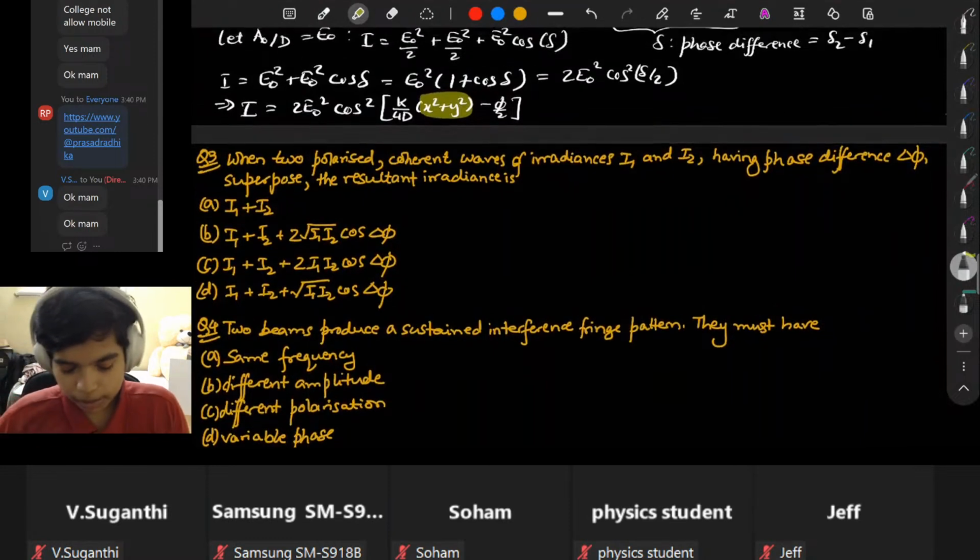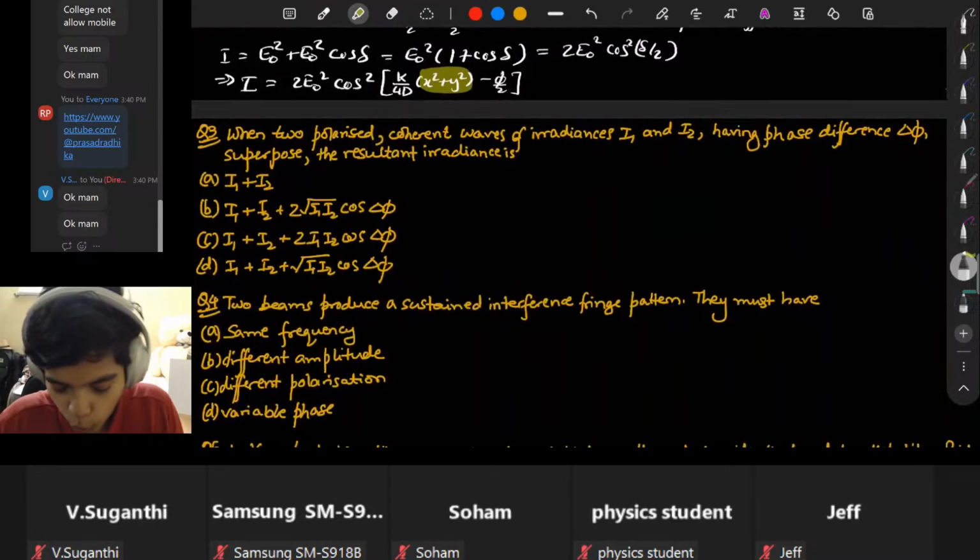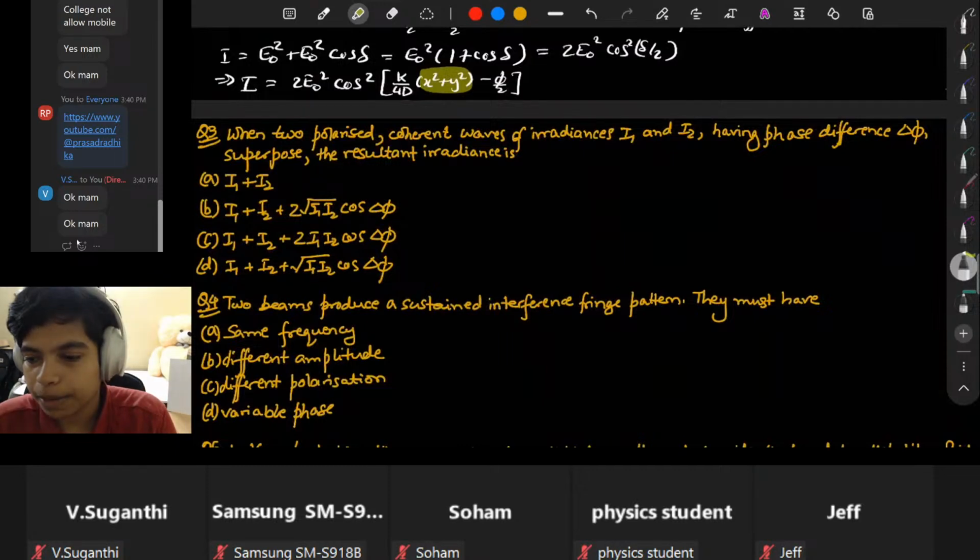So the question is, when two polarized coherent waves of irradiances I1 and I2 having phase difference delta phi superpose, you need to find out the resultant irradiance, given that you are adding two waves with the following conditions. So let me relaunch the poll.